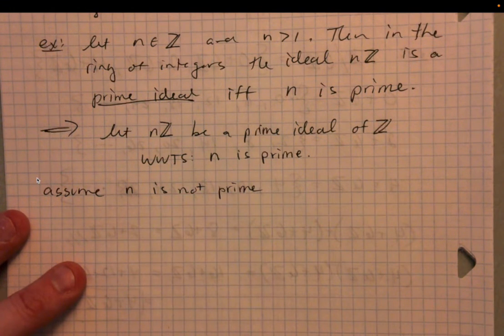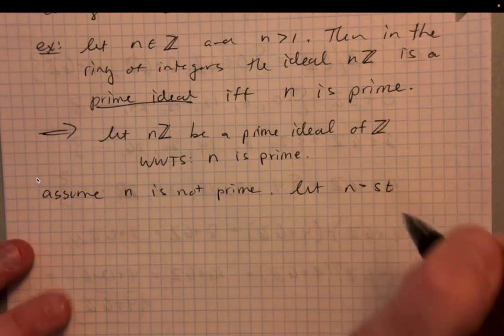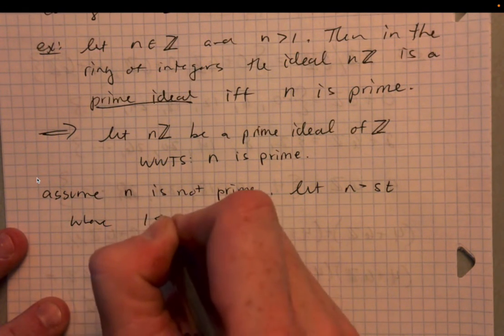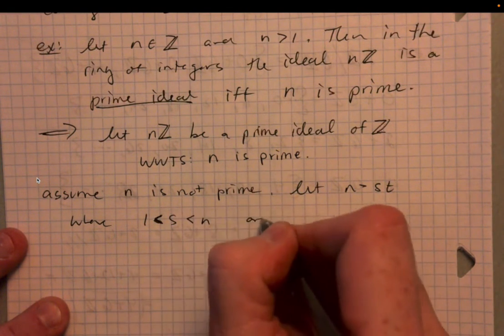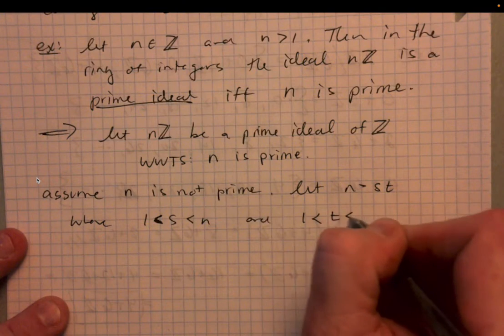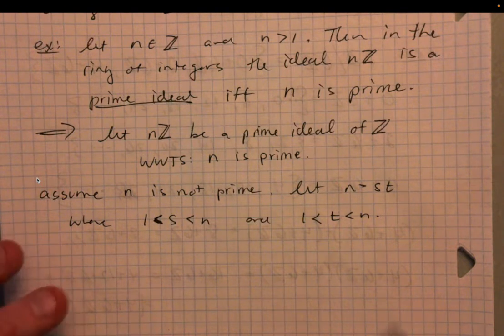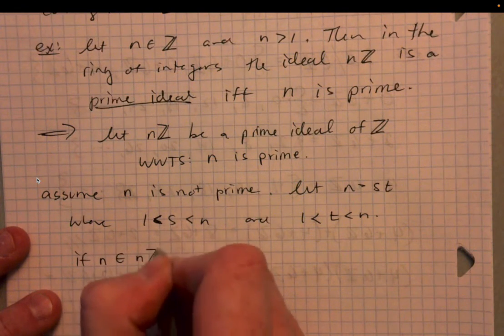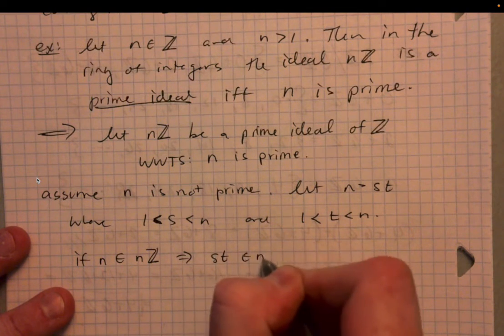If n is not prime, it's obviously composite. So let n equal st, where 1 is strictly less than s, which is less than n, and 1 is less than t, which is less than n. That's the definition of a composite. So if n is in nZ, then st is in nZ.